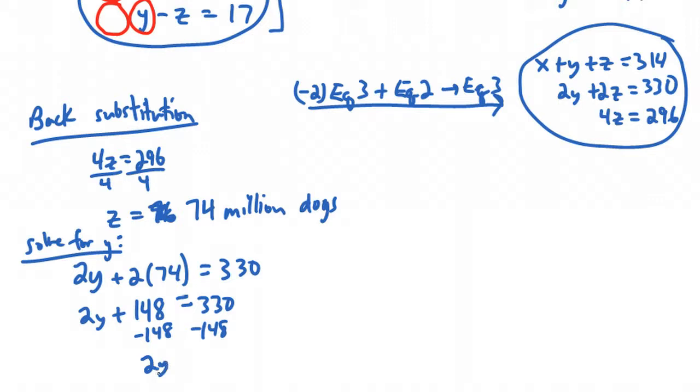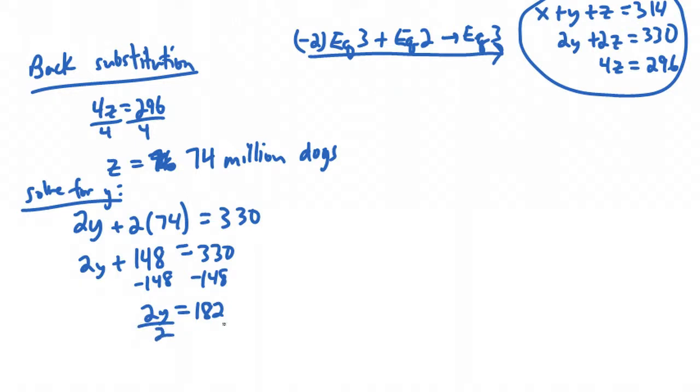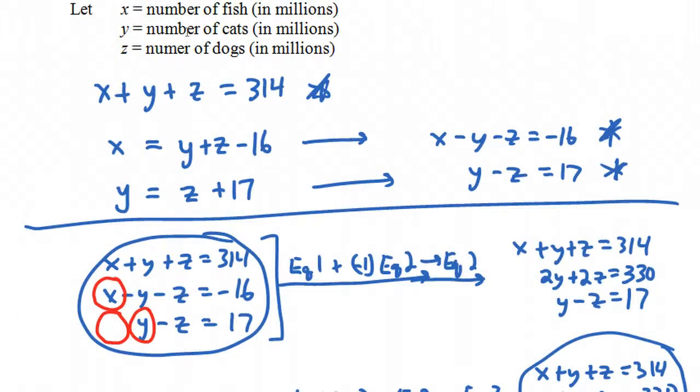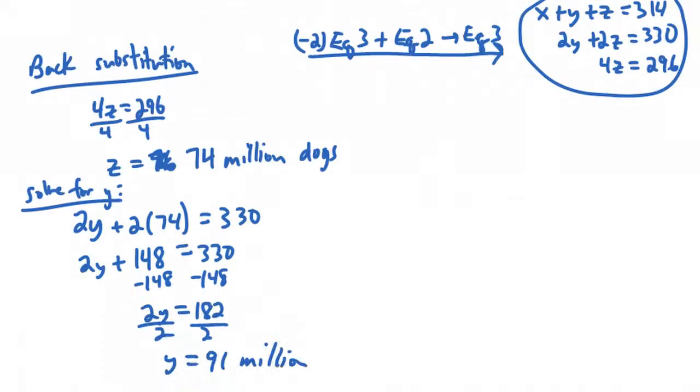We have 2y is equal to 182. Now divide both sides by 2. We get y is equal to 91. So what does that tell us? Let's look at what y was. That's cats. 91 million cats.